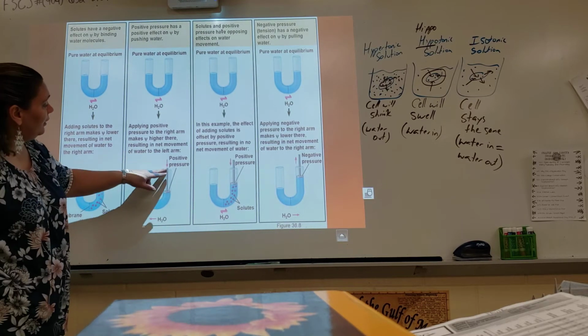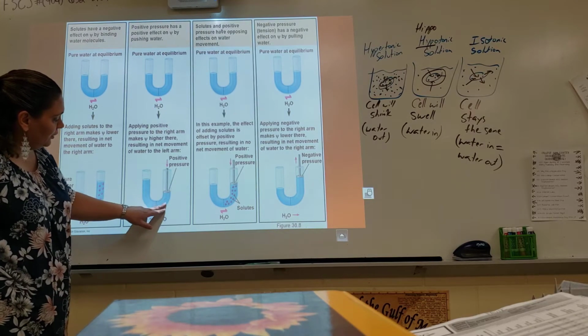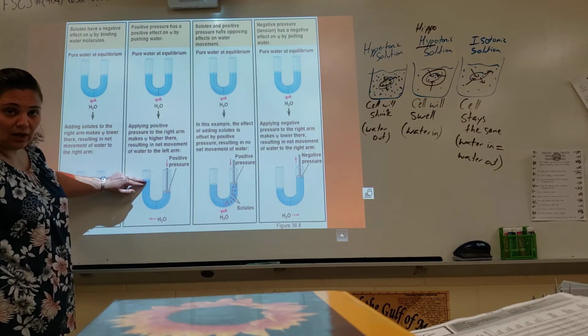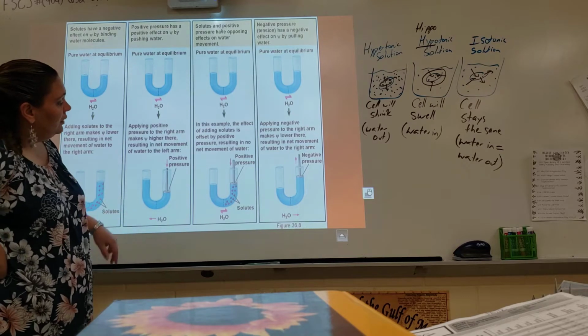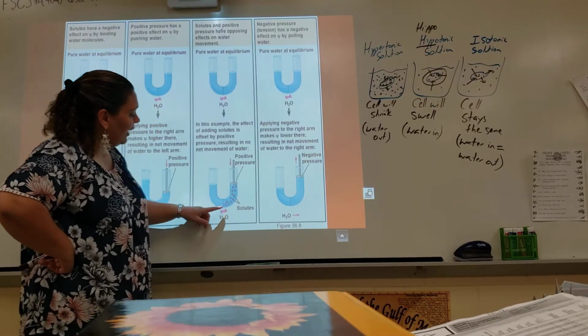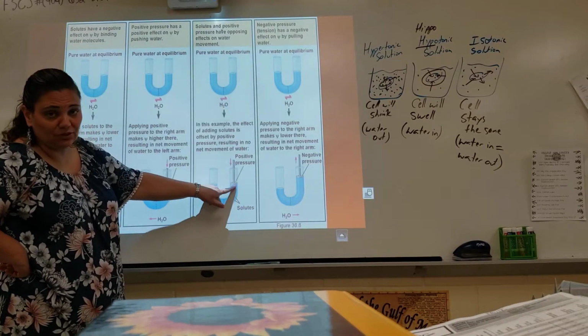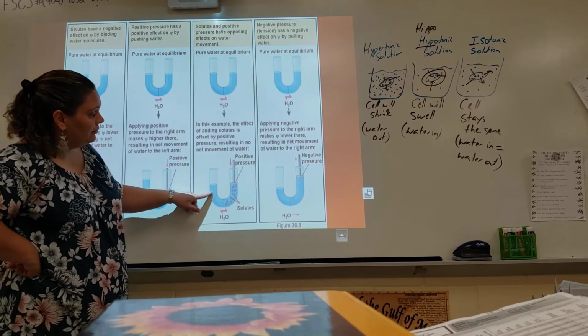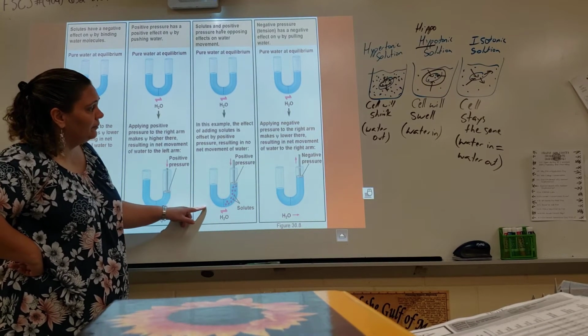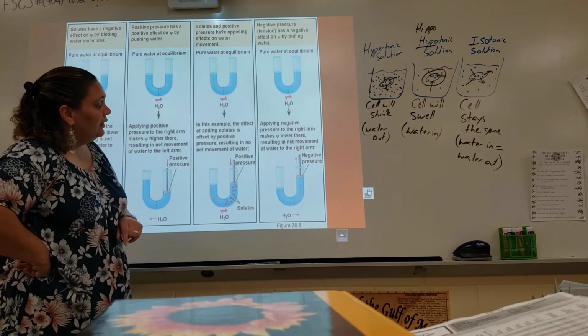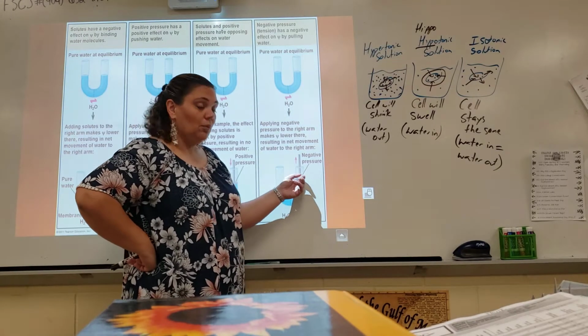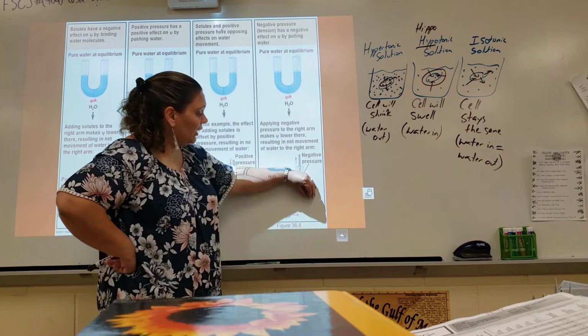Now, if you put positive pressure, you can have the water potential go higher in this way. Now, what happens if you have solutes and you do positive pressure? Then you can keep them the same. It's not liking it, but it can handle it. And then you can do what we call negative pressure, where you're sucking it up.